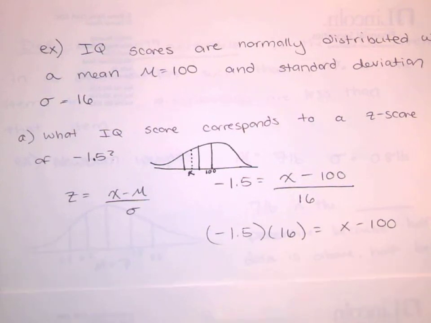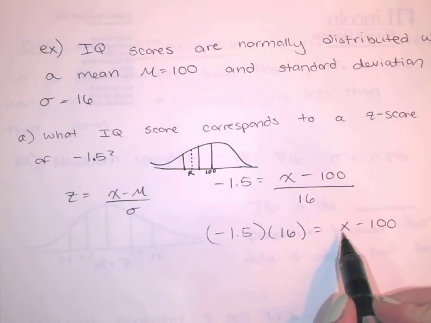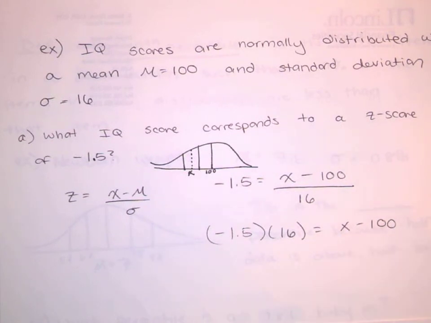To solve for x, I multiply both sides of the equation by 16. So the right-hand side becomes x minus 100, and the left-hand side becomes negative 1.5 times 16. So what is 1.5 times 16? 24.